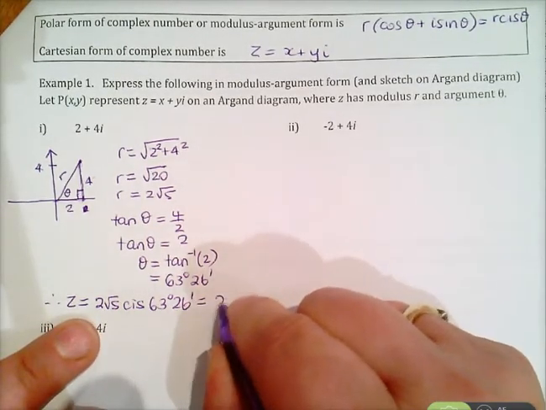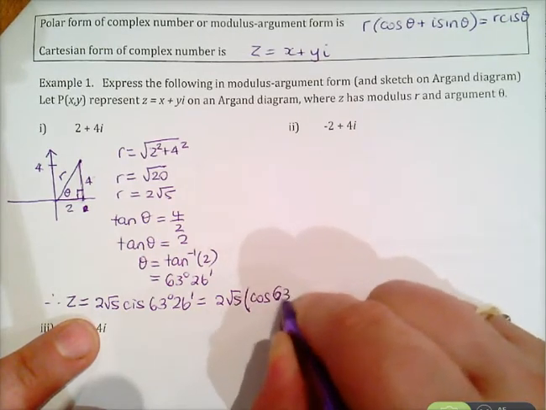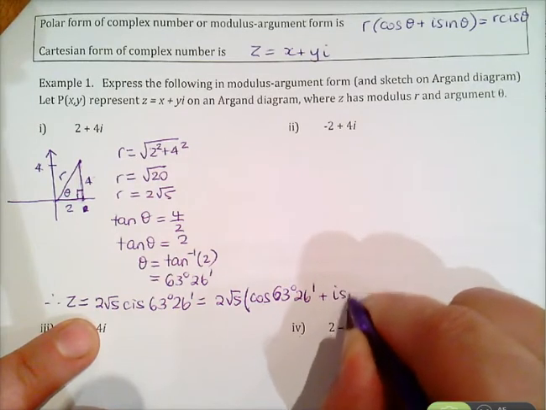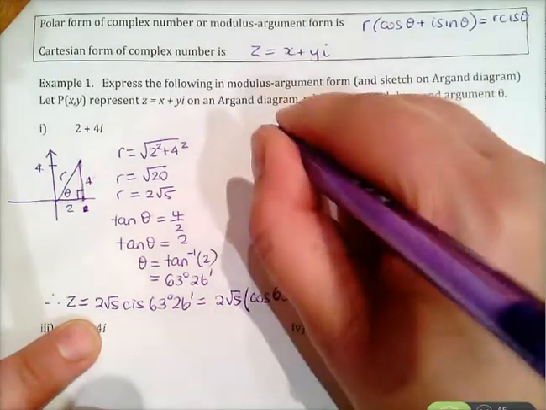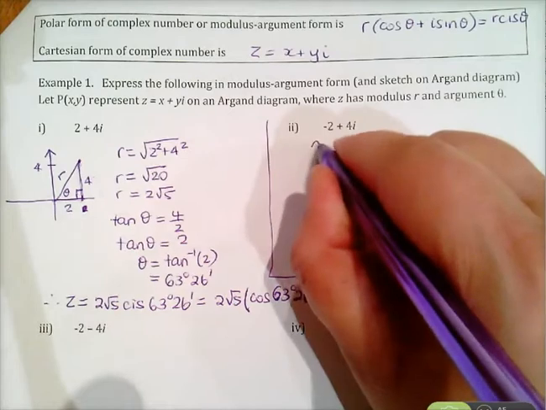So z really is 2 root 5 cos 63 degrees 26 minutes plus i sine 63 degrees 26 minutes. So that's your first one. Now let's look at the second one.